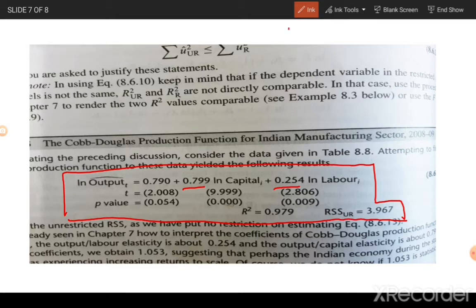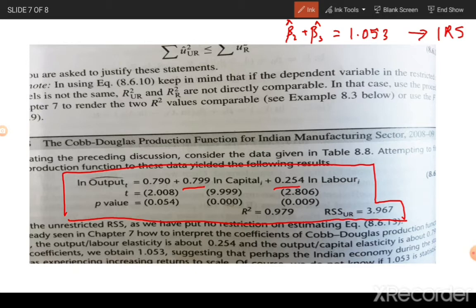So my sample beta 2 hat plus beta 3 hat comes up to be 1.053. Based on the sample value alone, since beta 2 plus beta 3 is greater than 1, we would tend to say that probably the Indian economy has increasing returns to scale.